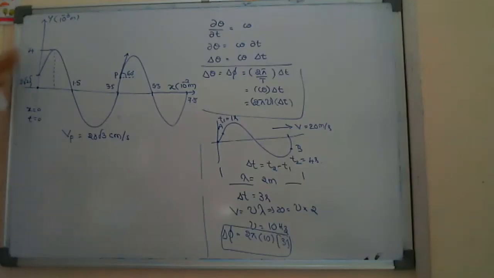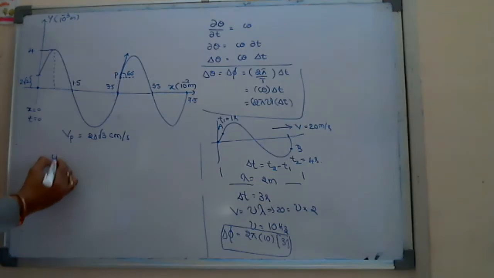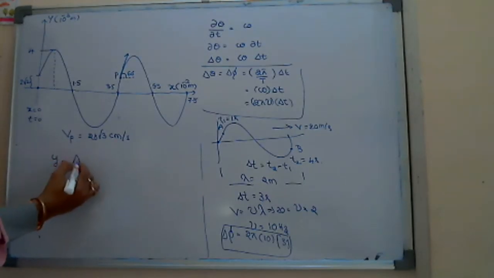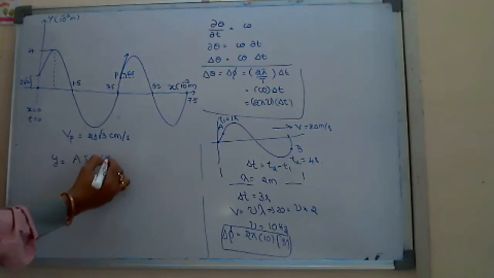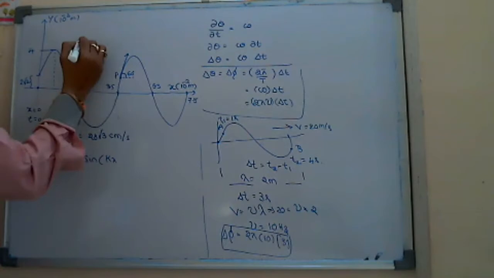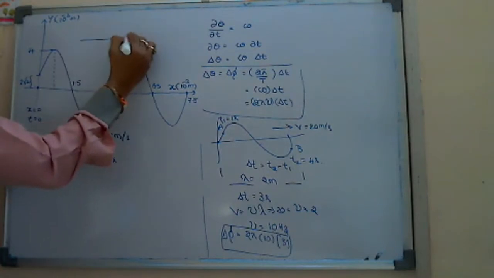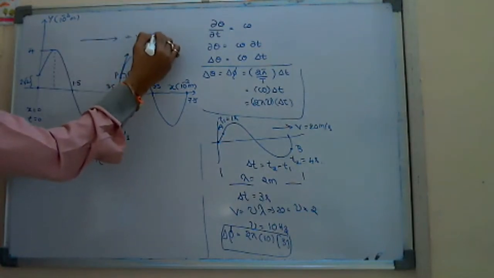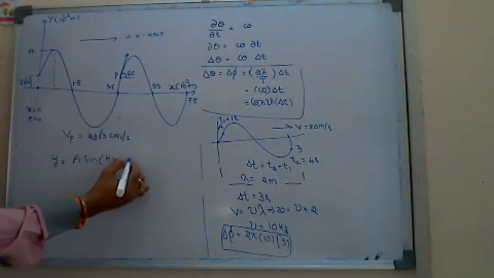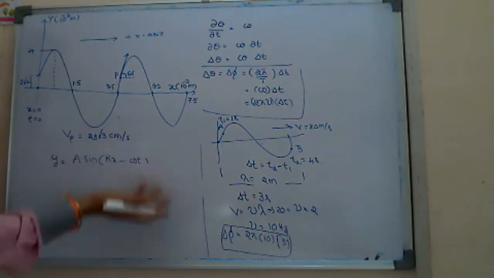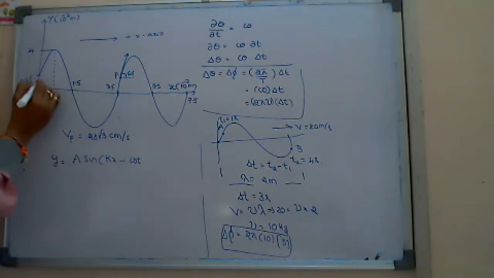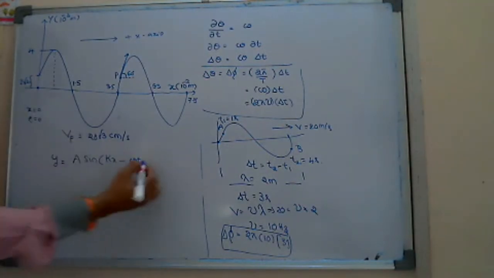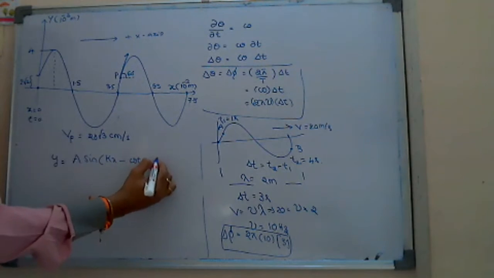From this question, if you want the equation of the wave, generally we write y equals A sin(kx minus omega t) or (omega t minus kx), since it is traveling along the positive x-axis. Since it is not started from the origin, we have some plus or minus phi.